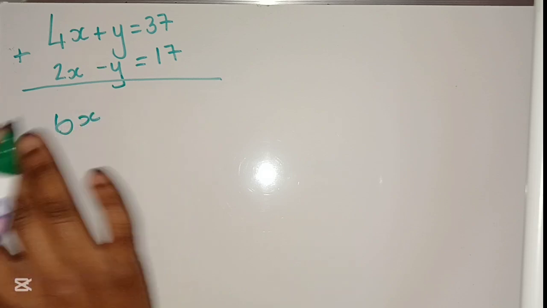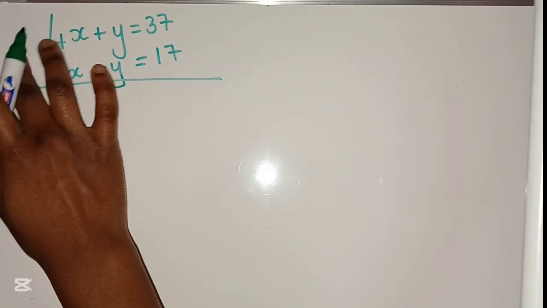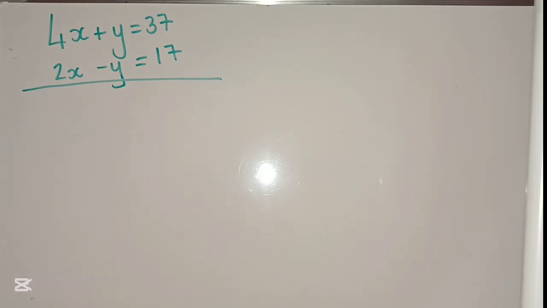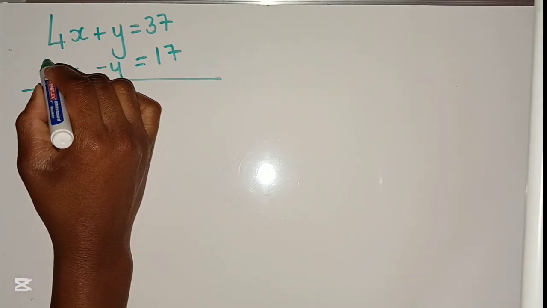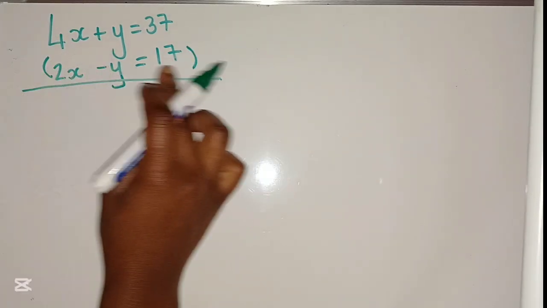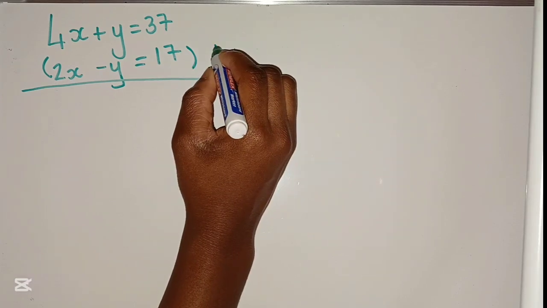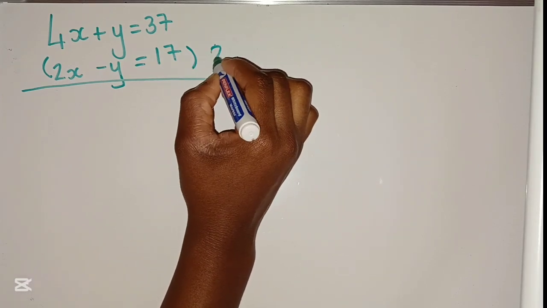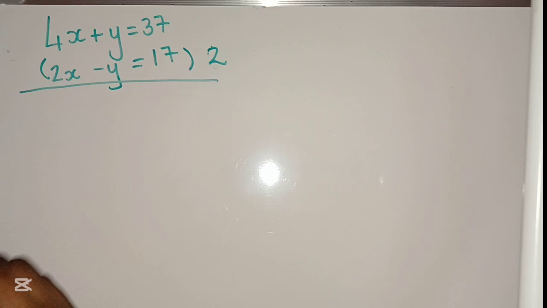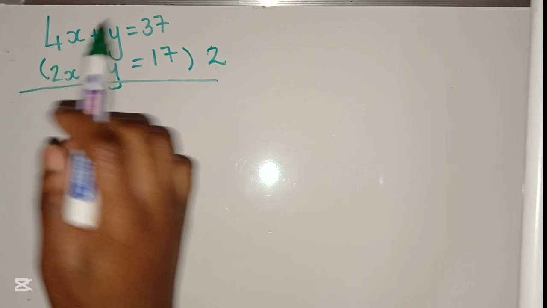So my x is still not eliminated. What you can do is try to make the coefficients of x the same. I'm going to multiply this entire equation by 2, because the LCM of 4 and 2 is 4.